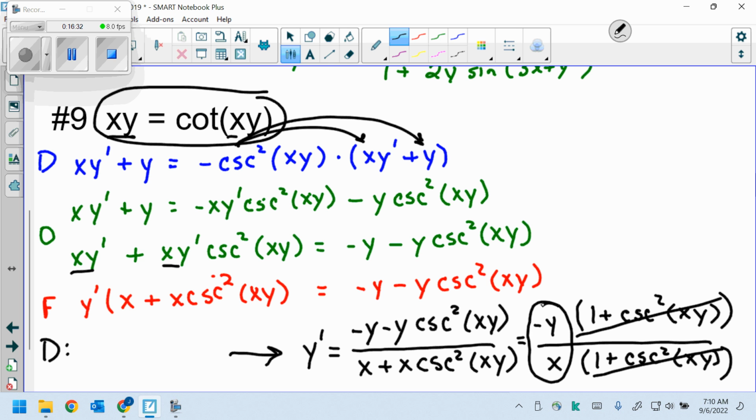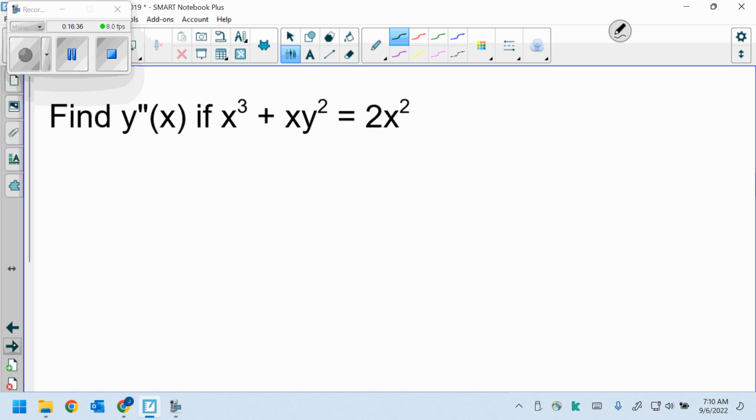Okay, final example. We've got to find y double primed. This one doesn't look too bad. But finding y double primed has a little bit of a trick to it. So let's see. Derivative. Let's see, 3x squared. Here's that product rule.